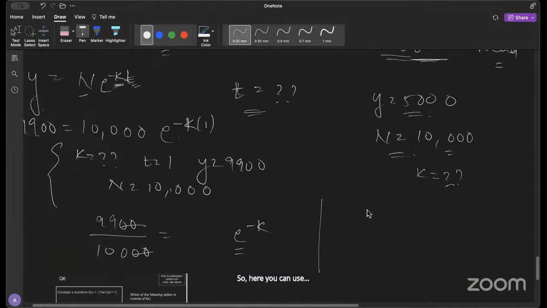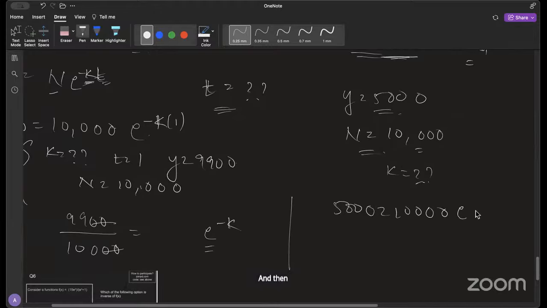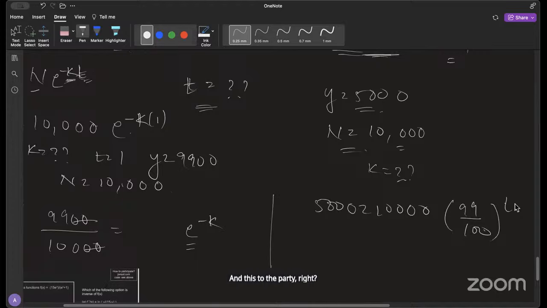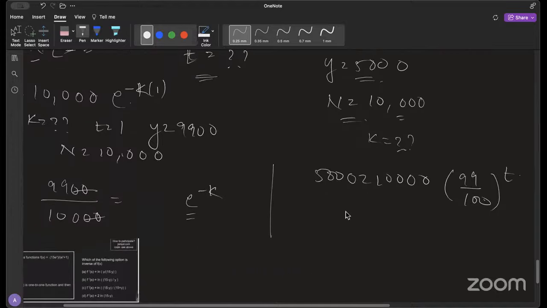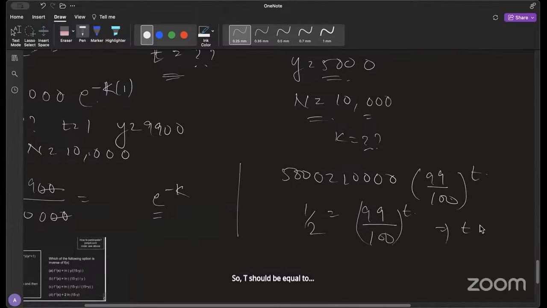So here you can use y given to be 5,000. That side it's 10,000 here. And then e to the power minus k is 99 by 100, and this to the power t, right? So this is going to be half equals 99 by 100 to the power t.